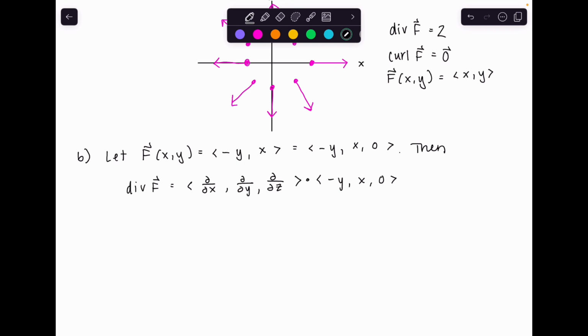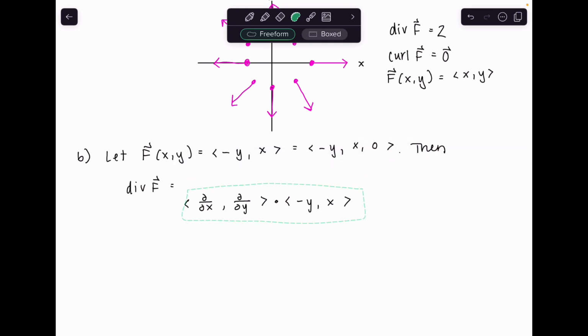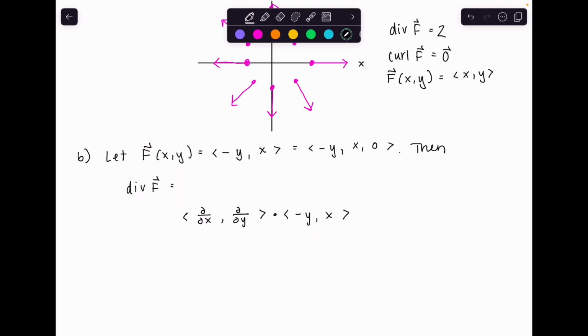So instead, just to show you, because they give it to us as 2, you can just take the dot product of these things as well. Okay, and then I'll even add in just that extra piece here. It is the del operator dot product with f.